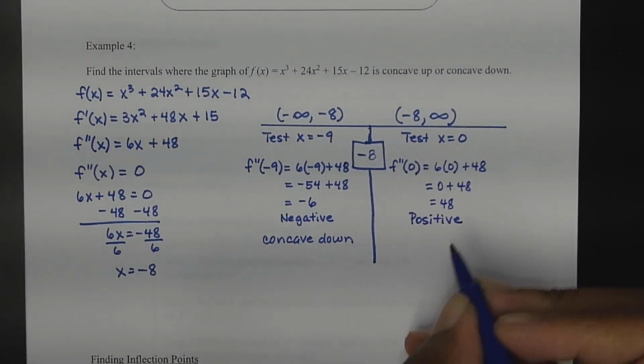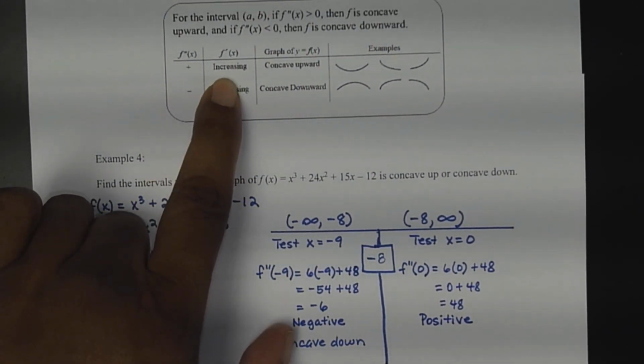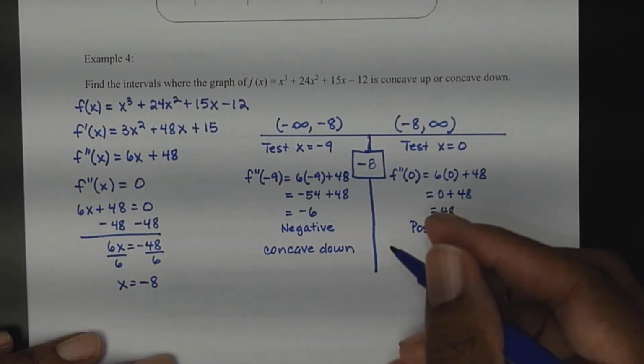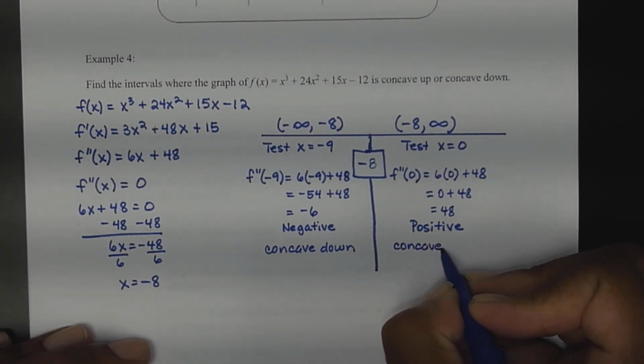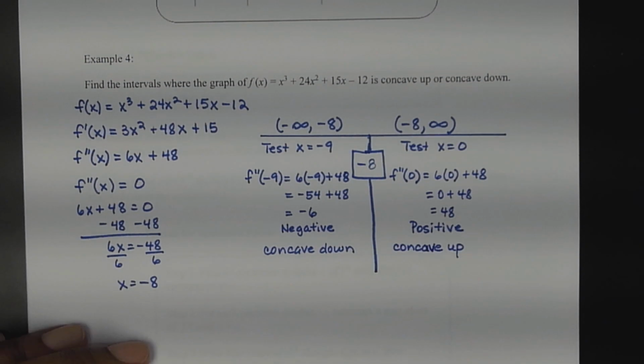So that means when f double prime of x is positive, f prime of x is increasing. The graph will be concave upward, or just concave up.